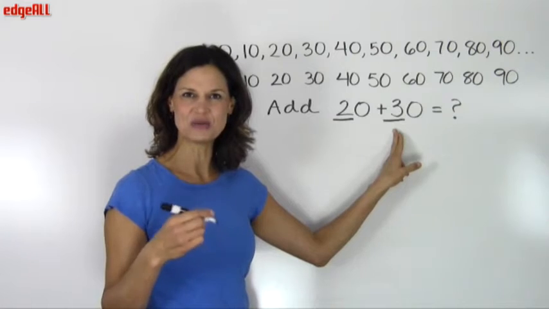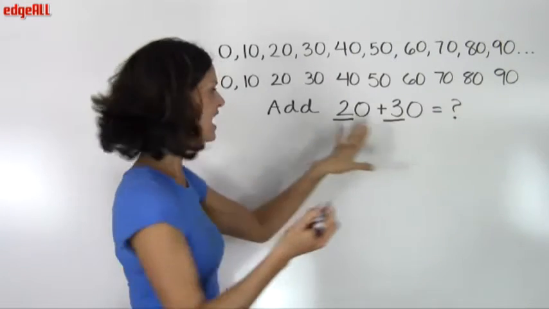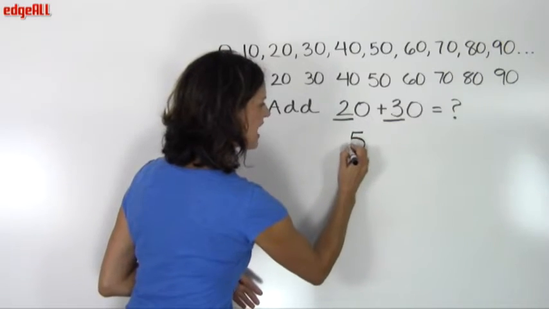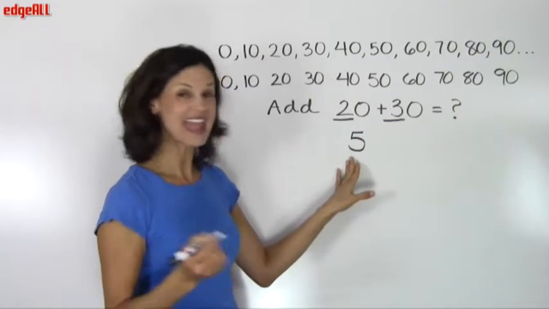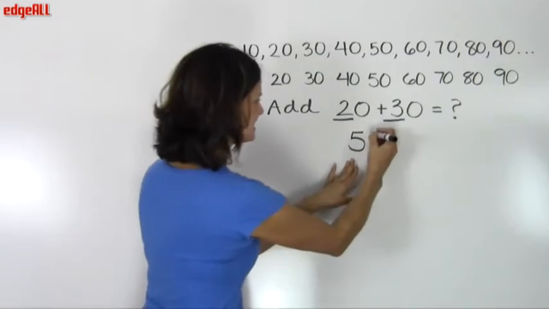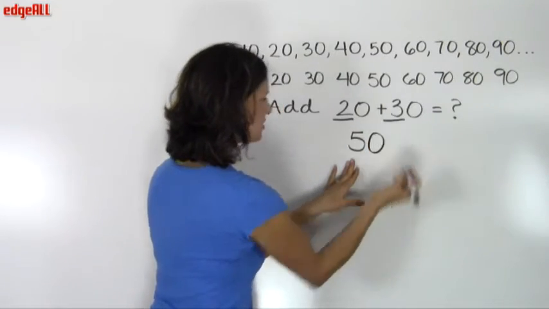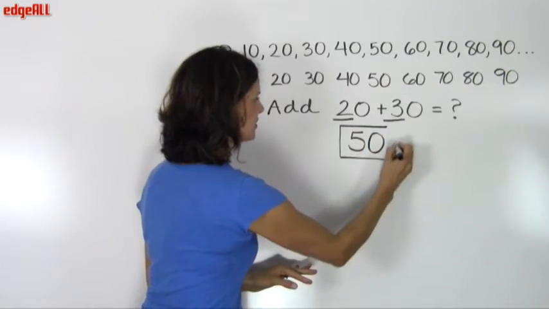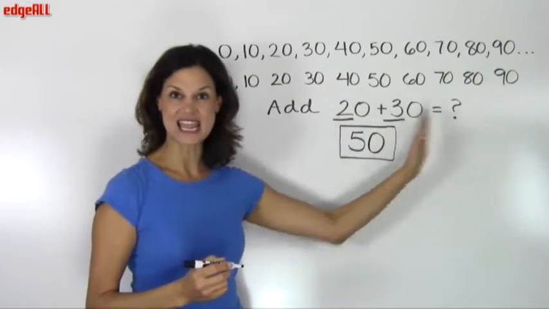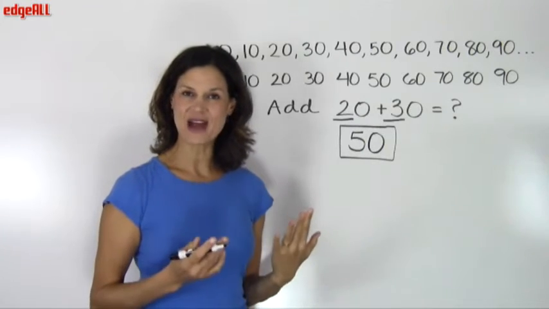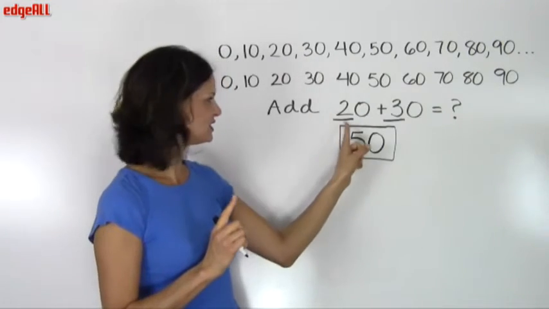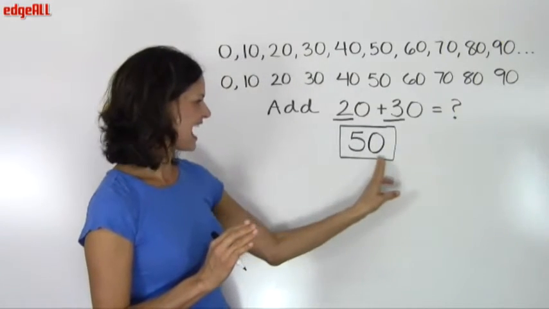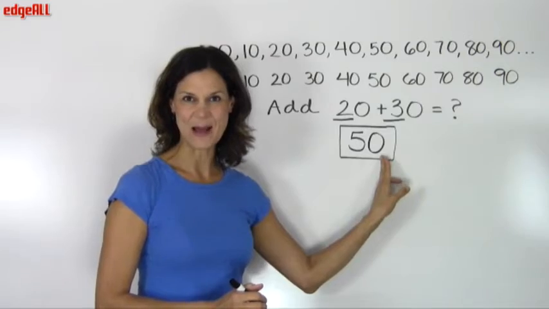We know that 2 plus 3 equals 5. And so we put a 5 here, and then we add a 0 to the end of the sum. So we put a 0 at the end to make that 50. So the answer to 20 plus 30 equals 50, and I found it simply by adding the two digits in the tens place together and then adding a 0 to the end of their sum.